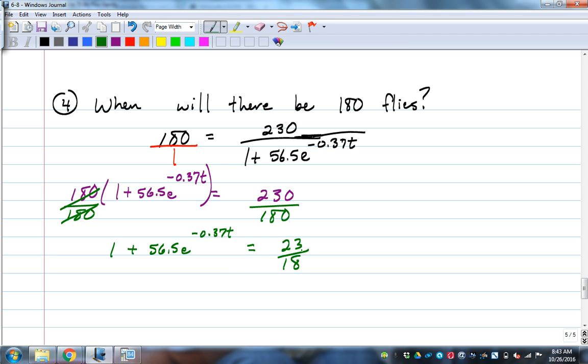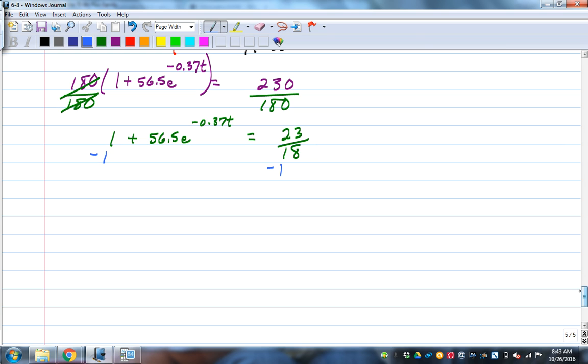23/18. I'm going to leave that as a fraction because I know at some point here I'm going to have to probably take a natural log or something like that. Subtract 1. Over 18. And then I would divide by the 56 and a half.